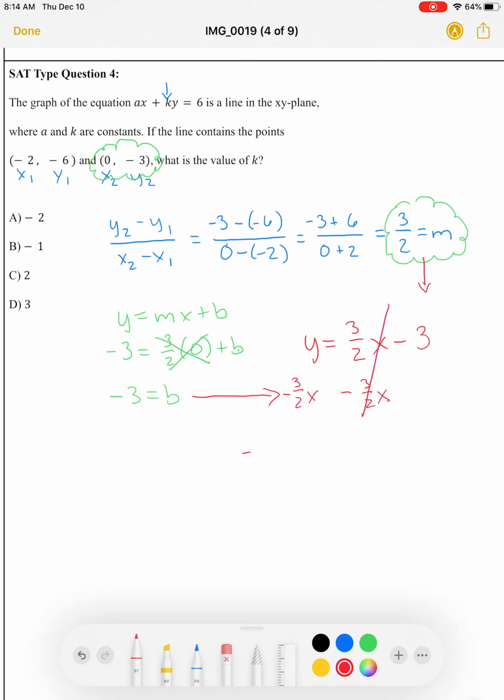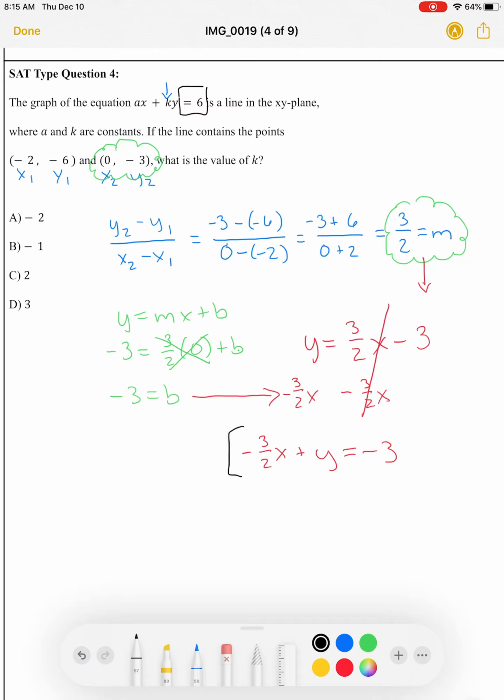Simplifying, we would have negative 3/2 x plus y equals negative 3. Now x and y are on the same side, but our equation equals negative 3. We want our equation to equal a positive 6, as it's written above.